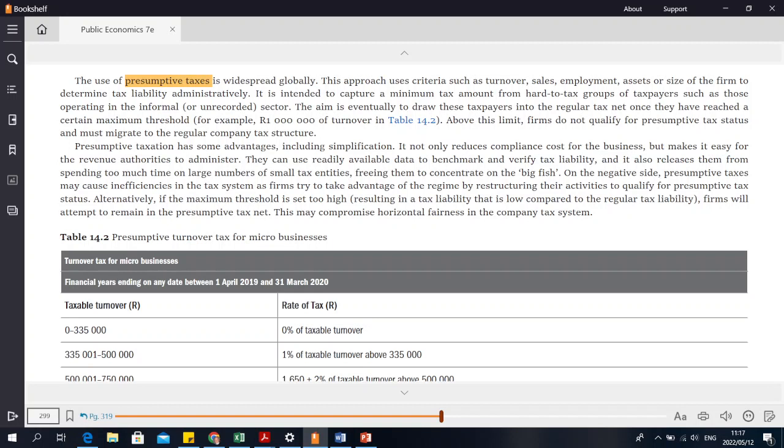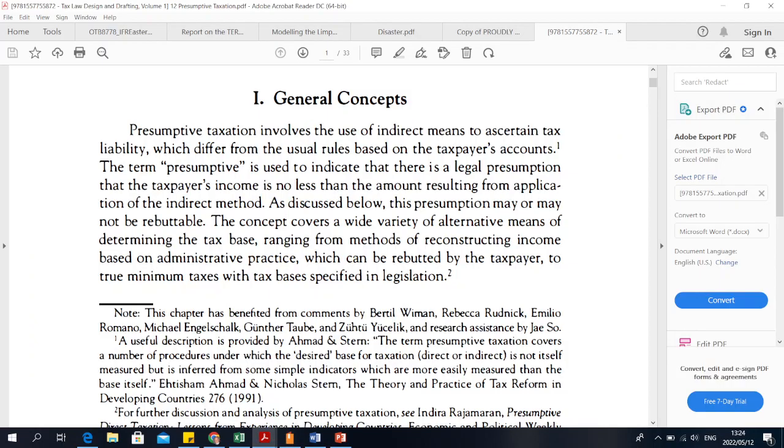But what you do need to know is what is a presumptive tax. Why is the turnover tax a presumptive tax? So I found a nice reference in the literature on presumptive taxes. A presumptive taxation involves the use of indirect means to ascertain the tax liability.